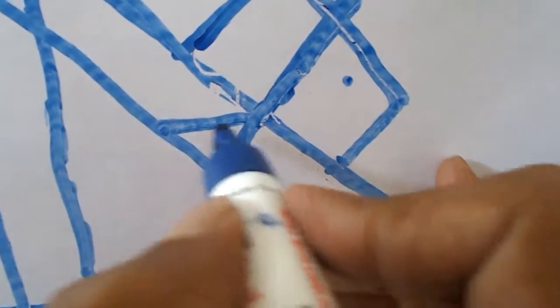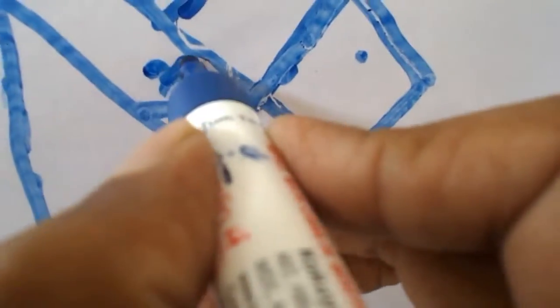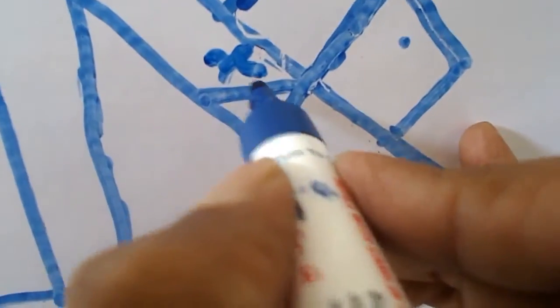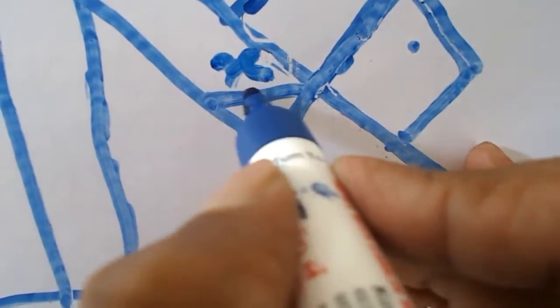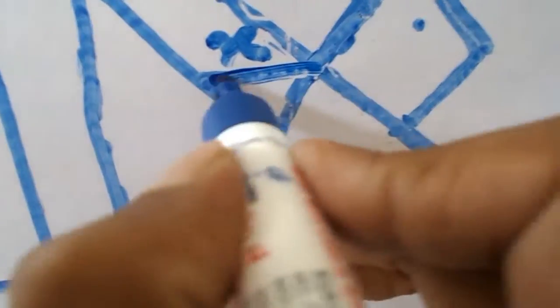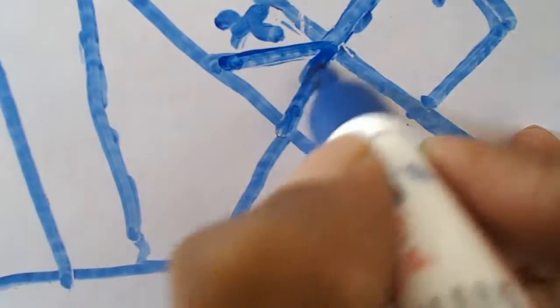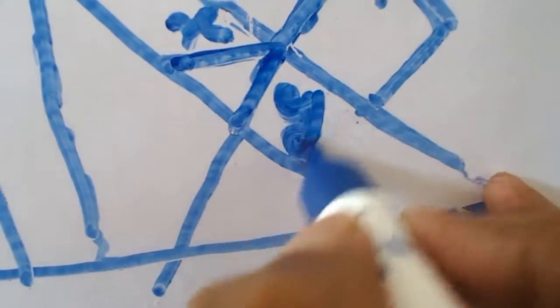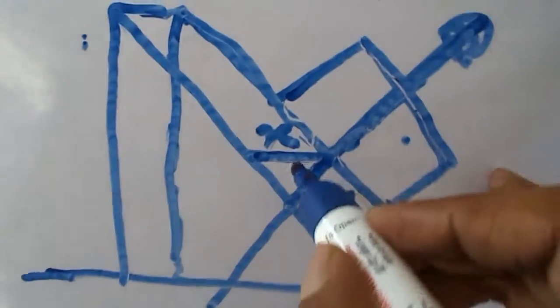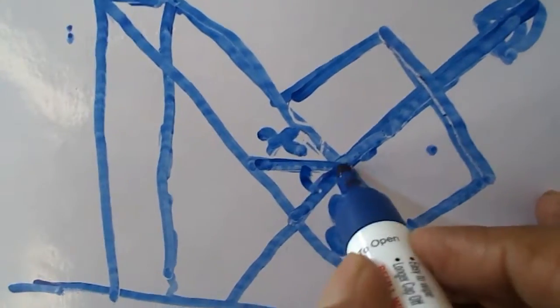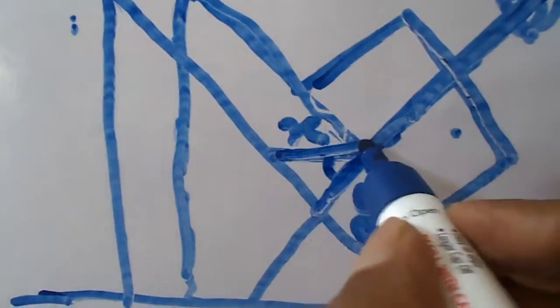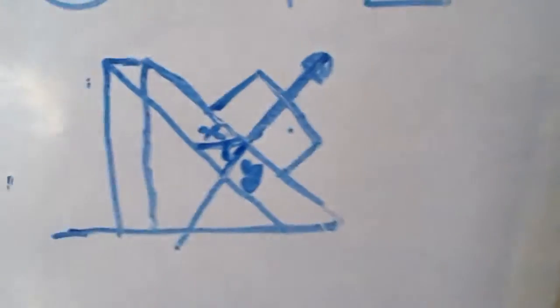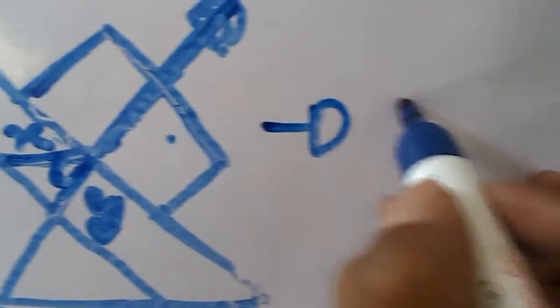What it means is that if this has moved x, then the component, and this is y. What it means is that the component of x along this axis should be y. Why is it so?